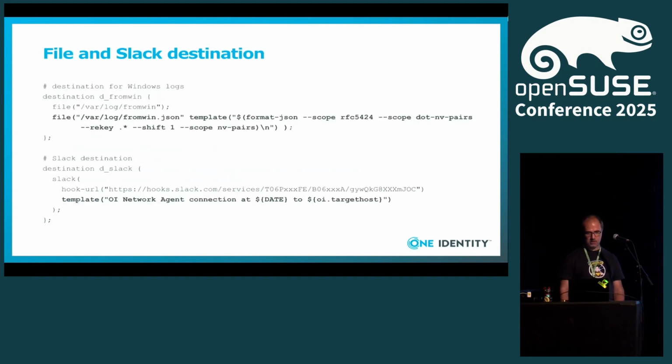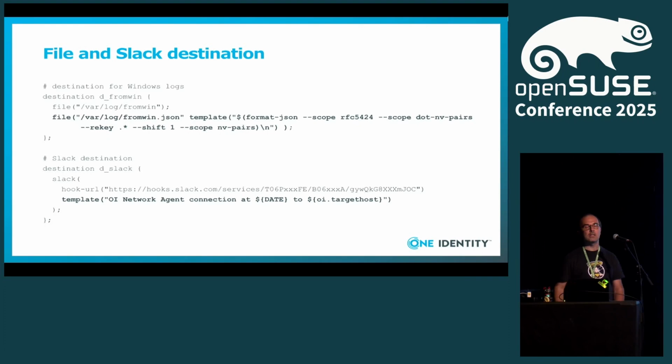Here, on the upper part of the screen, we have a file destination where we write log messages 2 times. The first one is a simple syslog file destination without any extra formatting. The second one is using the same JSON formatting as on the previous screen in the Elasticsearch destination.